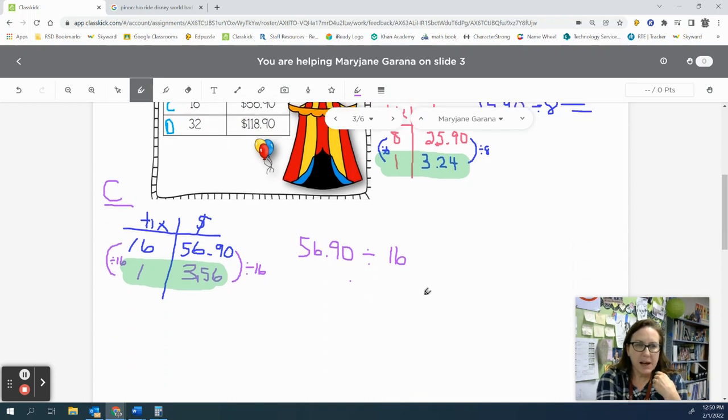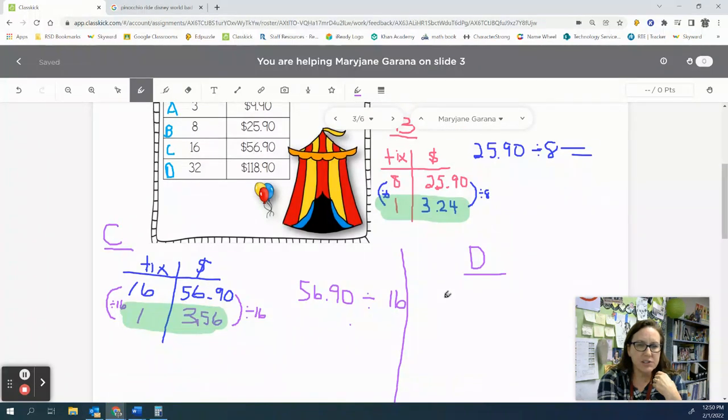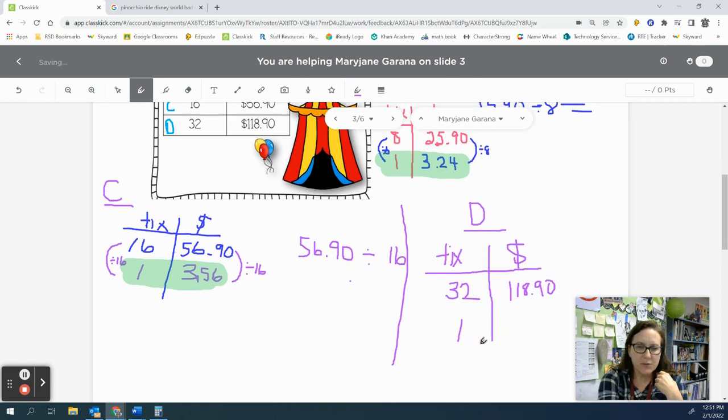So then we've got package D. Package D is 32 tickets for $118.90. We want to find out how much it costs for one ticket.